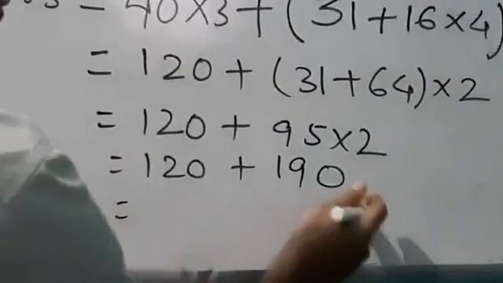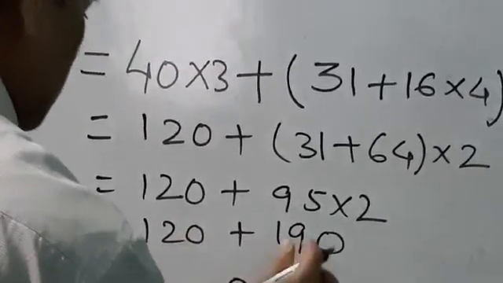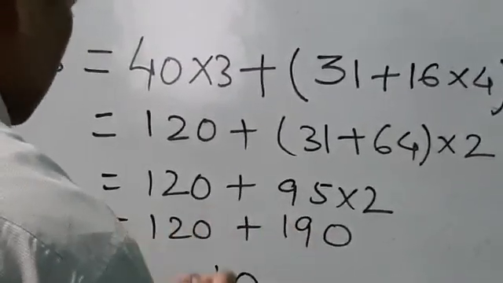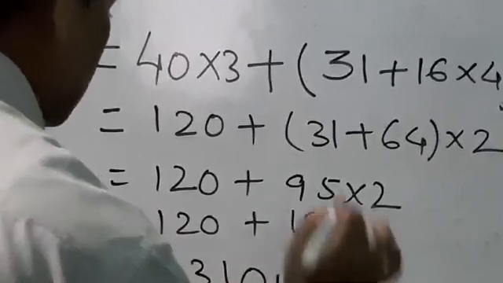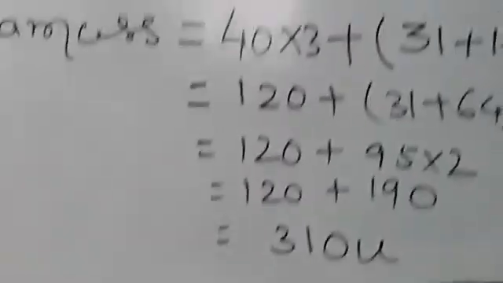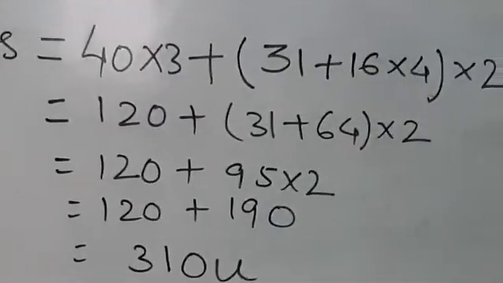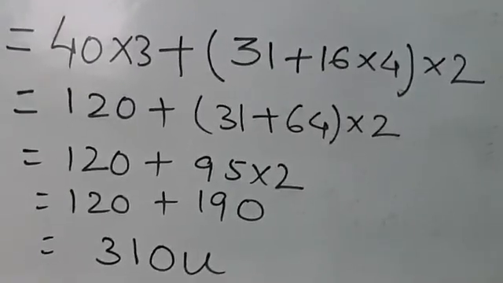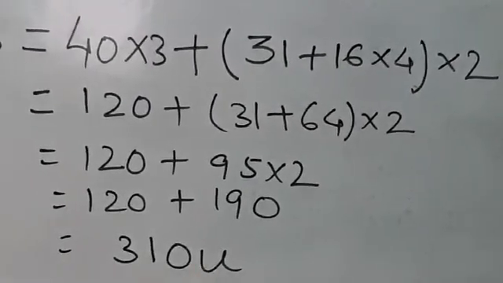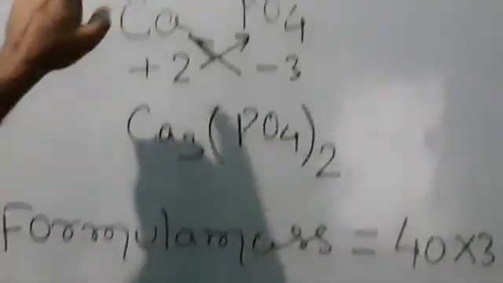Now 0 plus 0 is 0, 9 plus 2 is 11, 1 plus 1 is 2, then 3. So the formula mass of calcium phosphate is 310 unified mass.